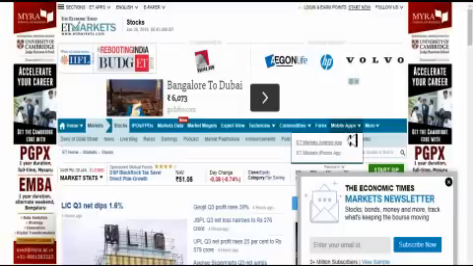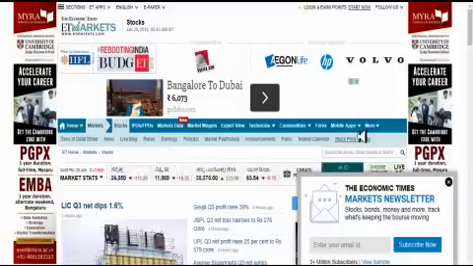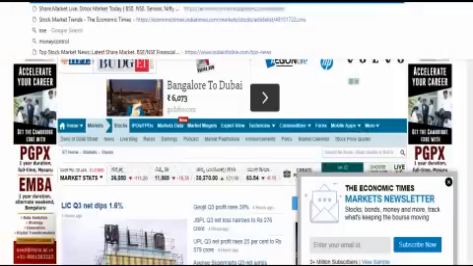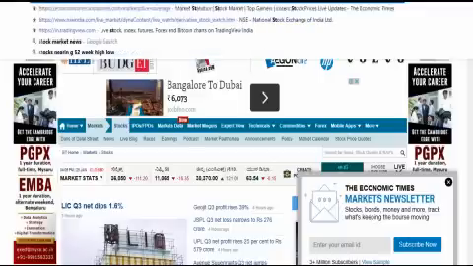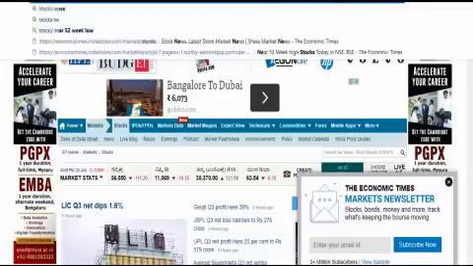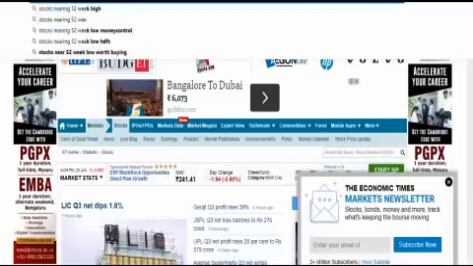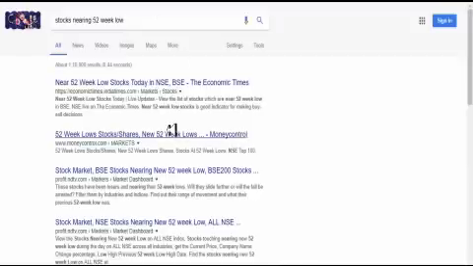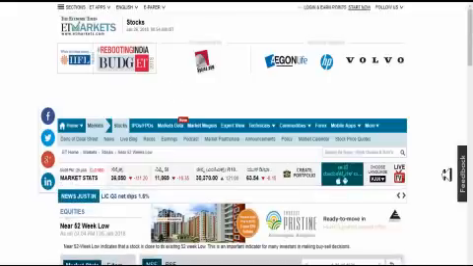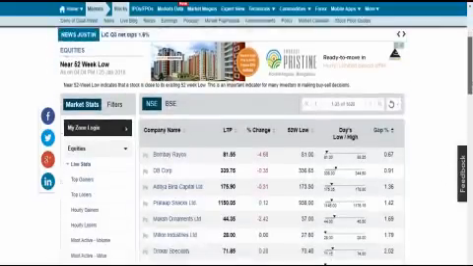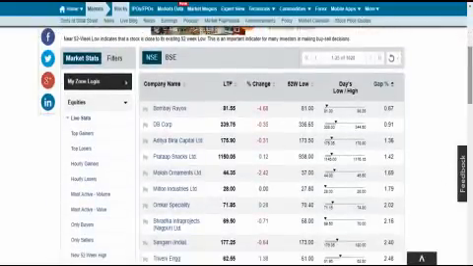Stock price quotes. We'll simply go back up there and say stocks nearing 52-week low. And there we are. Same thing here, 52-week low stocks today. We come to the same economic type pages, but we are going on the lower side, the loss side.